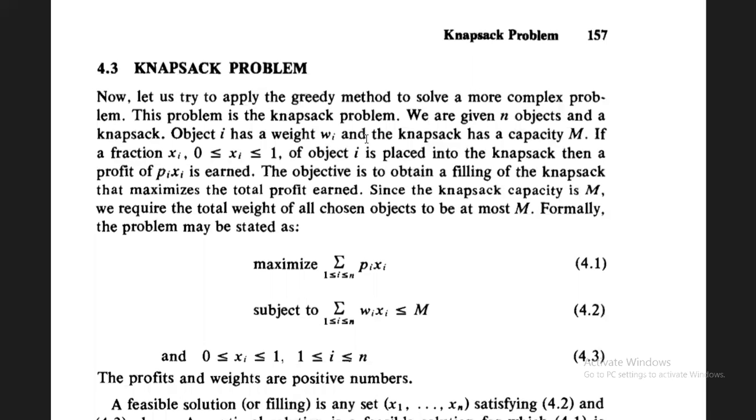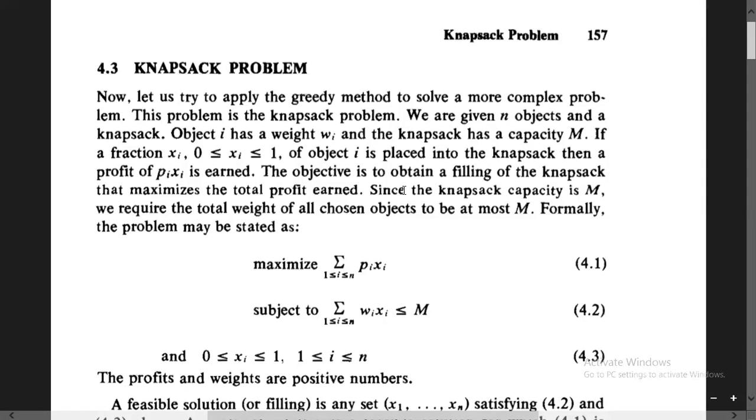But in this knapsack problem, a fraction of the item is also allowed to be taken. So if a fraction xi, where xi lies between 0 and 1, of the object i is placed into the knapsack, then the profit pi into xi is earned.